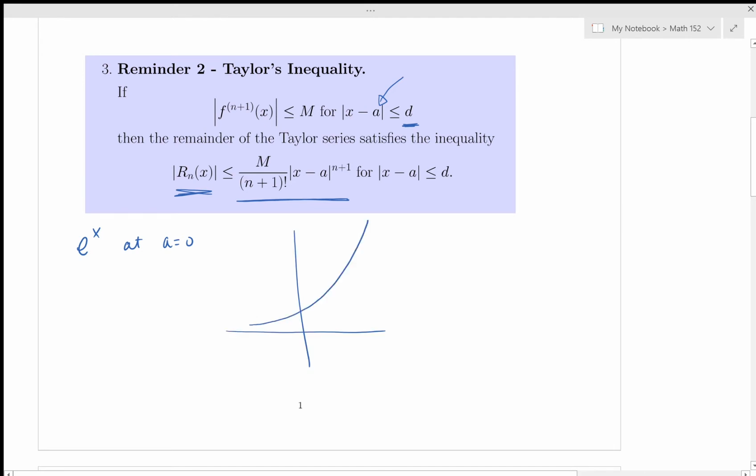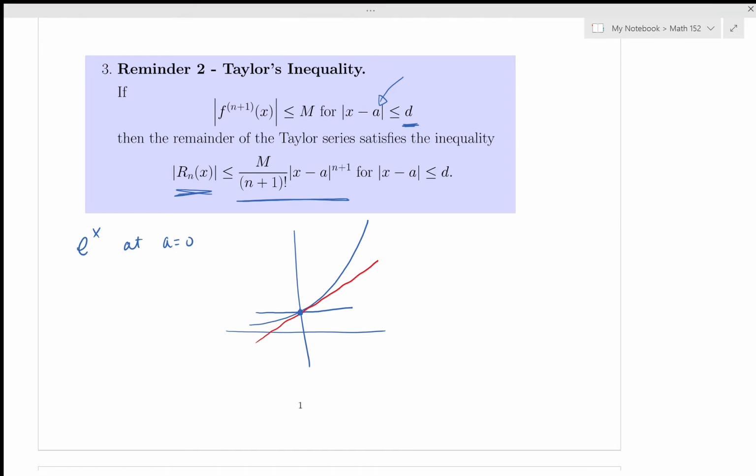It basically looks like this. If I center it at 0, it means that my 0th order approximation will be this, the constant. And then my first order approximation will be this, a line.